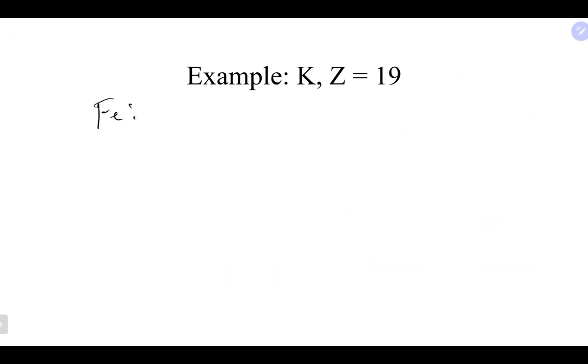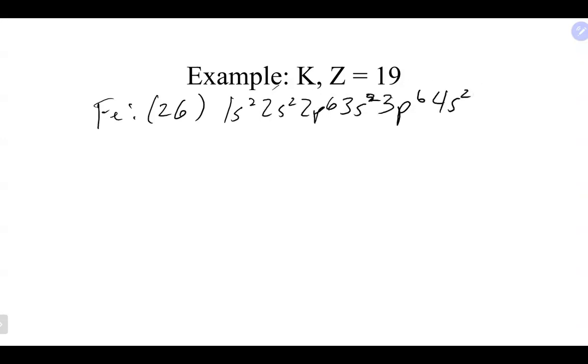If we write the electron configuration for iron, it would be 1s2, 2s2, 2p6, 3s2, 3p6, 4s2, and 3d6. Now, when iron makes a +2 charge, it will actually end up with 24 electrons as it lost 2 electrons.